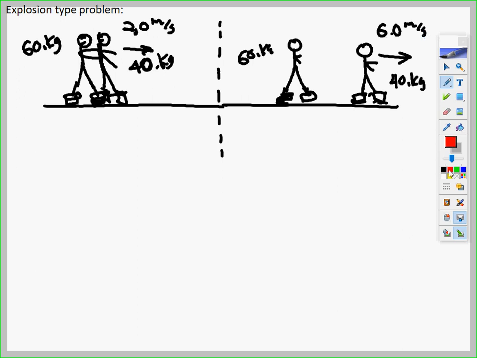The question is, what's the final velocity of the first person?